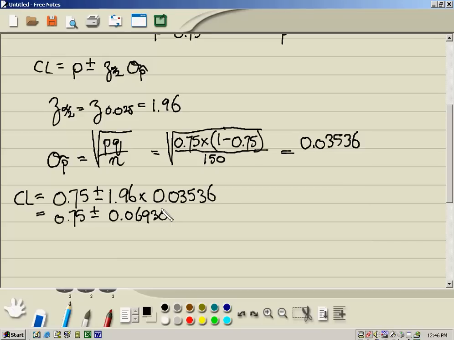Now we go 0.75 minus 0.06930. The lower limit of the acceptance region in this example will be 0.6807, and then 0.75 plus that number, 0.06930, and we get 0.8193.